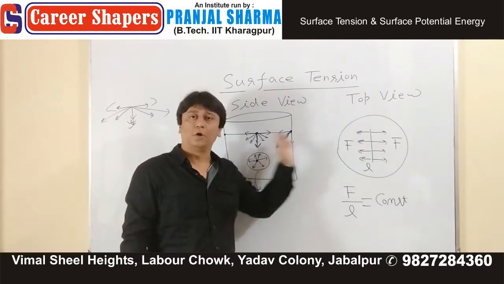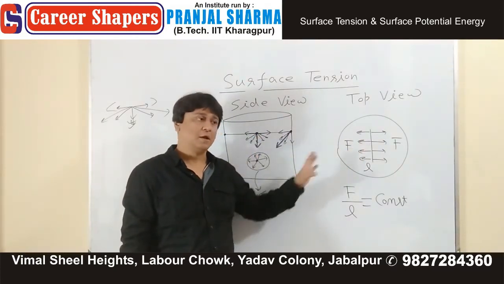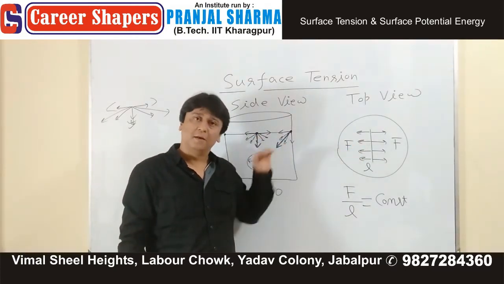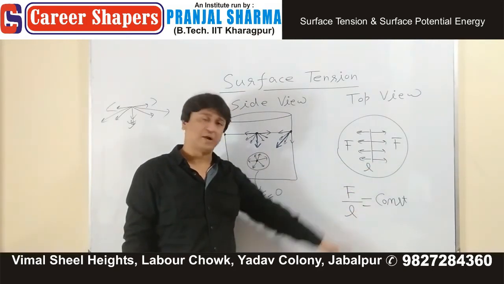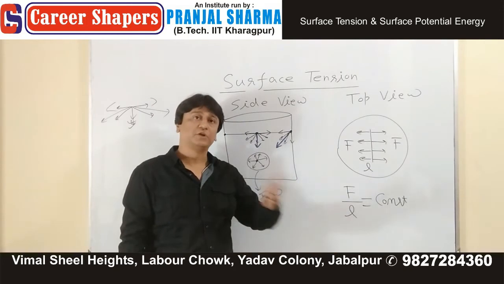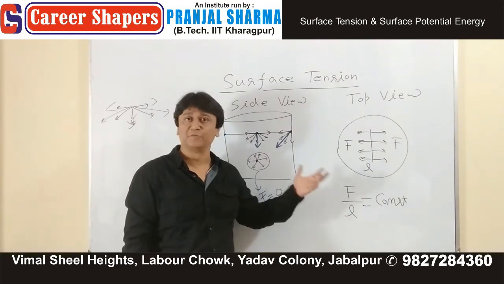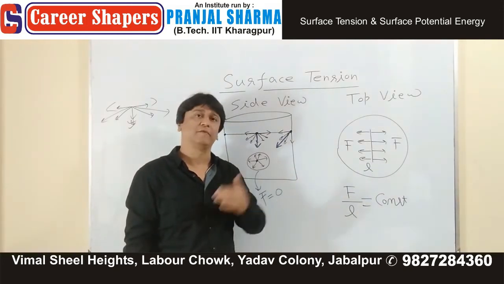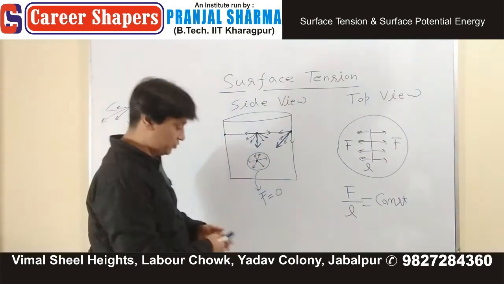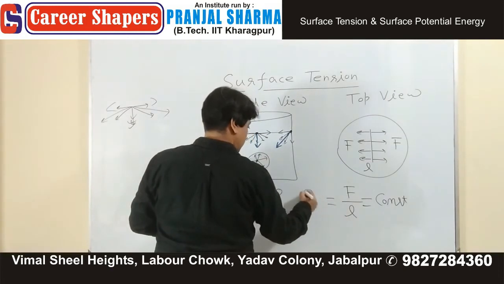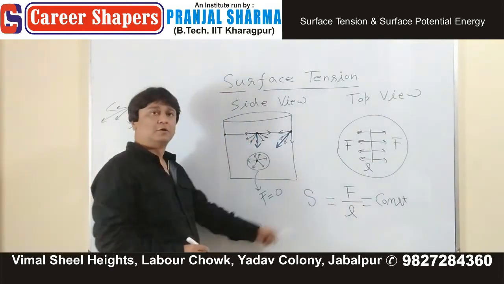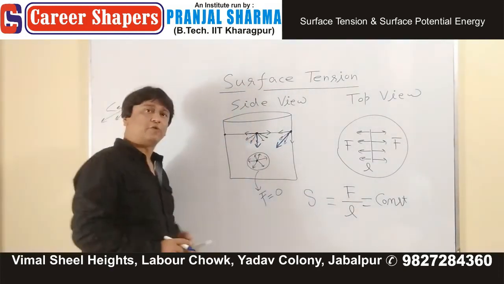Force on this hypothetical line coming from one side parallel to the surface is a constant. And in physics we have a tendency, if we find that something is constant, then we try to give it a name. The name which we have given to this F upon L is S, which is called surface tension.